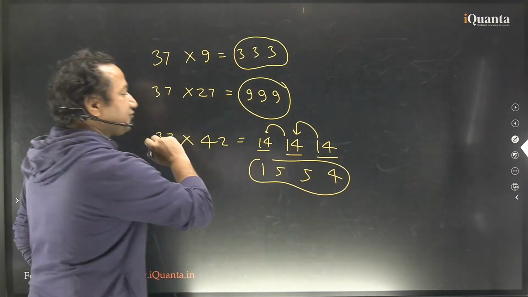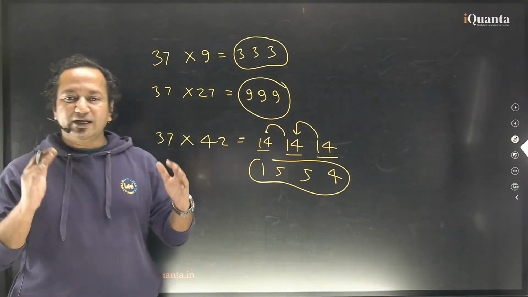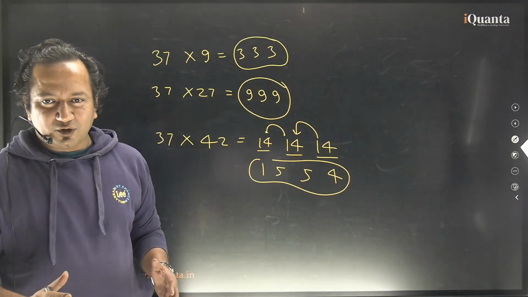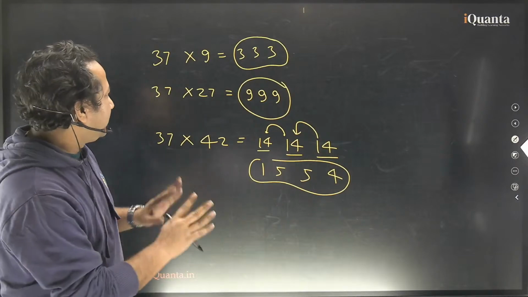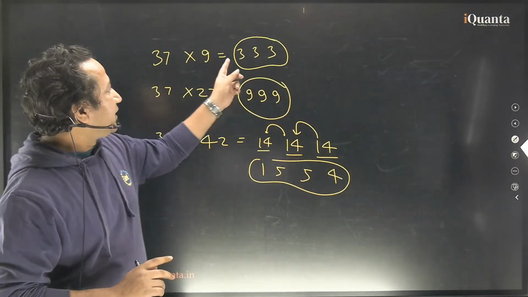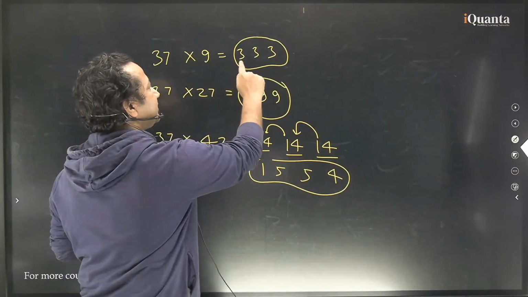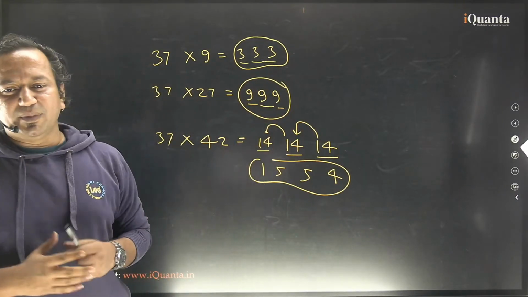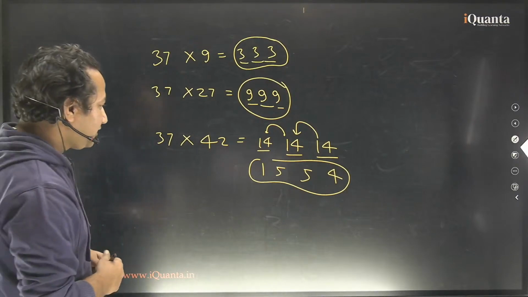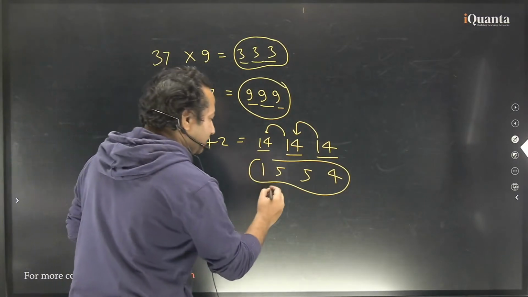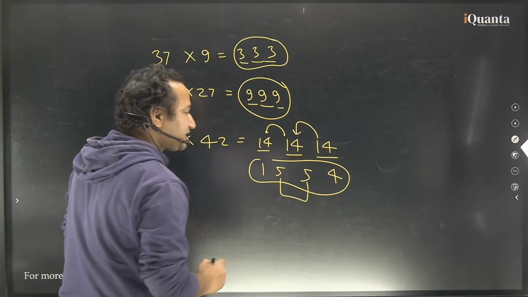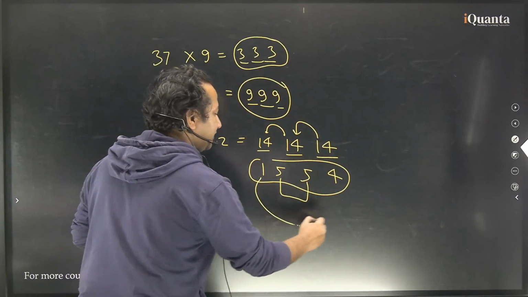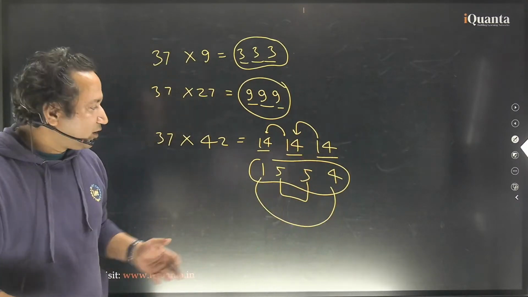So to identify whether a number is a multiple of 37, we need to look at two things. First, if 3 digits are getting repeated, similar digits, in that case it will be a multiple of 37. In the other case, the 2 middle digits will be same and the sum of first and last would also be equal to the middle digits.